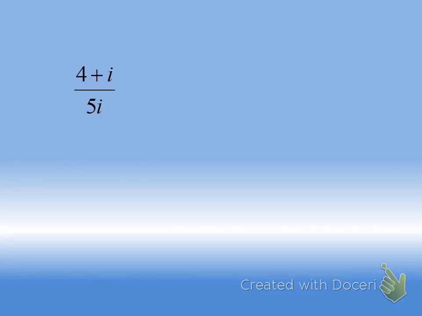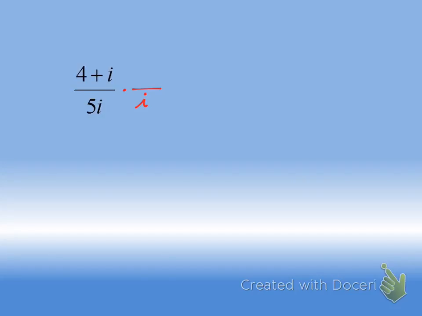So we need to multiply this fraction by something that is the same top and bottom, that when we do so, we're going to get rid of the i here. Okay? And I'm going to tell you what we're going to multiply by is i.